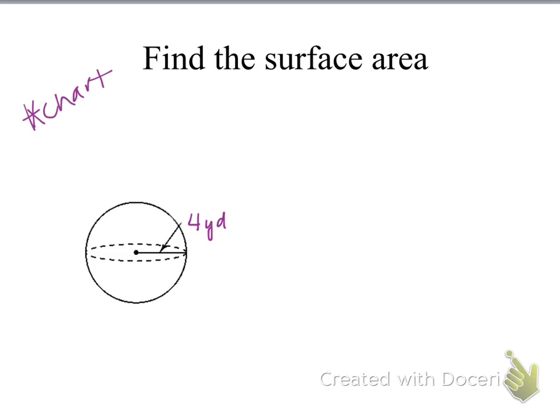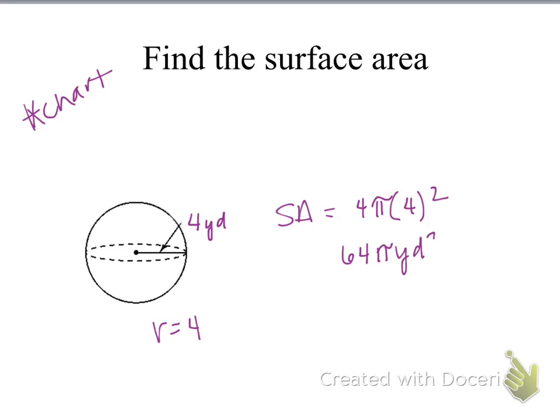Okay, so on your chart, here's our first one. My radius is 4, so surface area is 4 pi radius squared, and I get 64 pi yards squared.